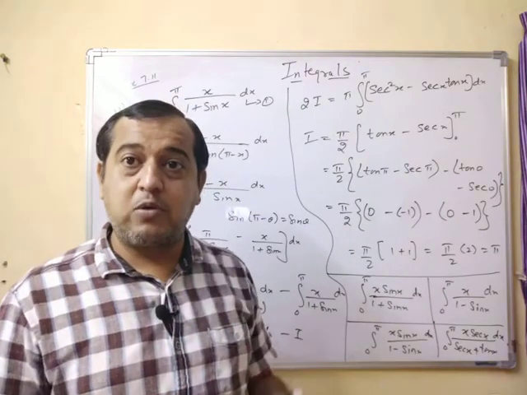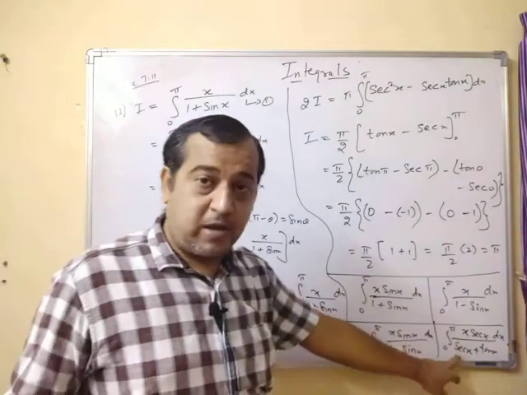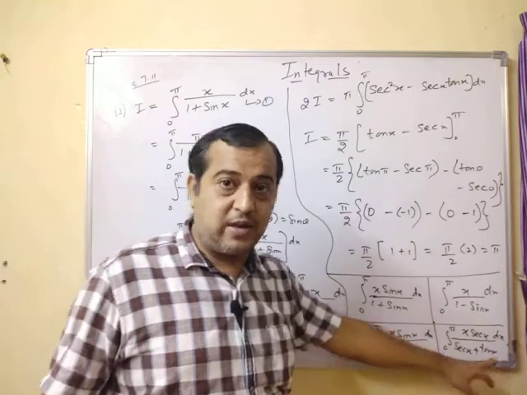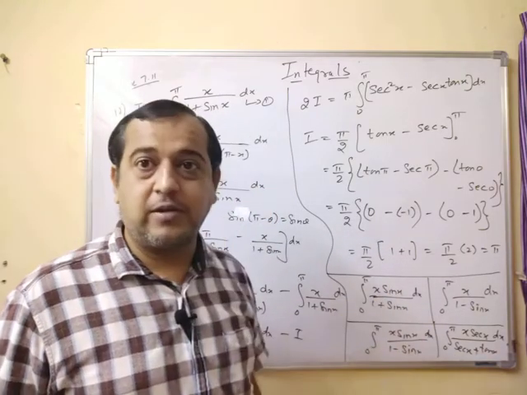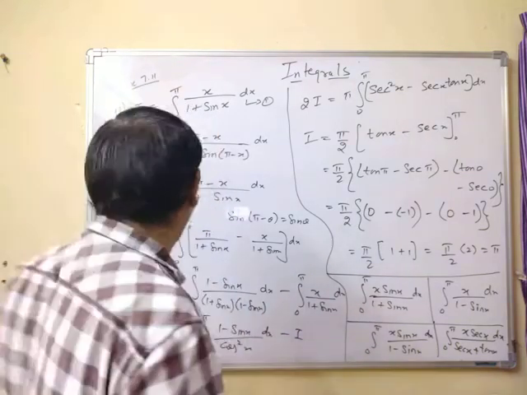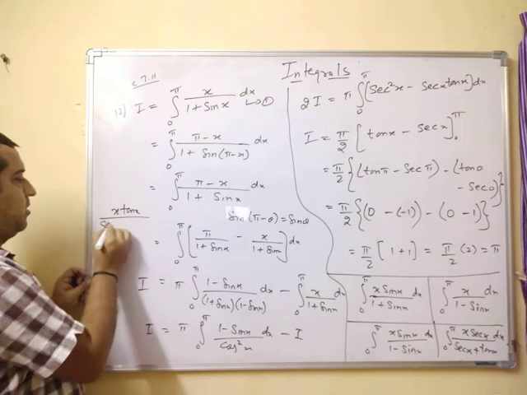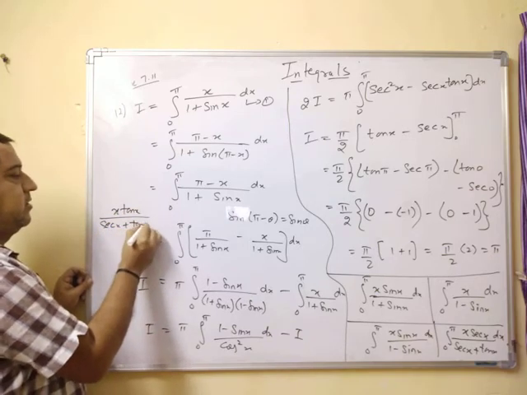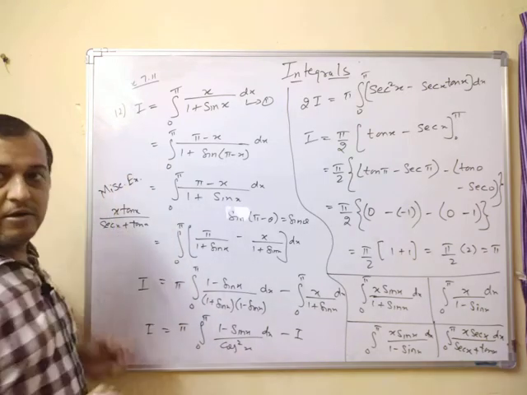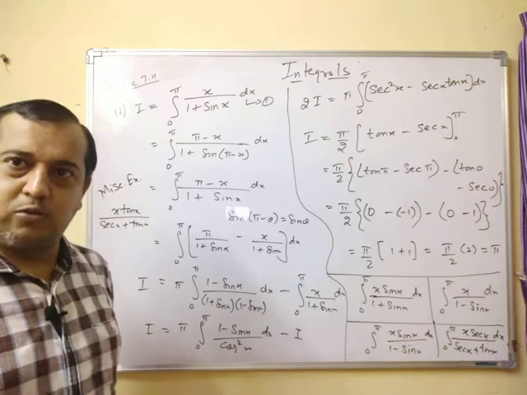Besides this, when you divide by cos x you get 4 more problems. After dividing this by cos x, this problem will come. Dividing this by cos x, the denominator will have sec x plus tan x only, and in the numerator x tan x will come. Okay, and this is the problem, this one: x tan x upon sec x plus tan x. This is the problem in the miscellaneous exercise, problem number 32 or 33, I think, in the range of 31 to 33.